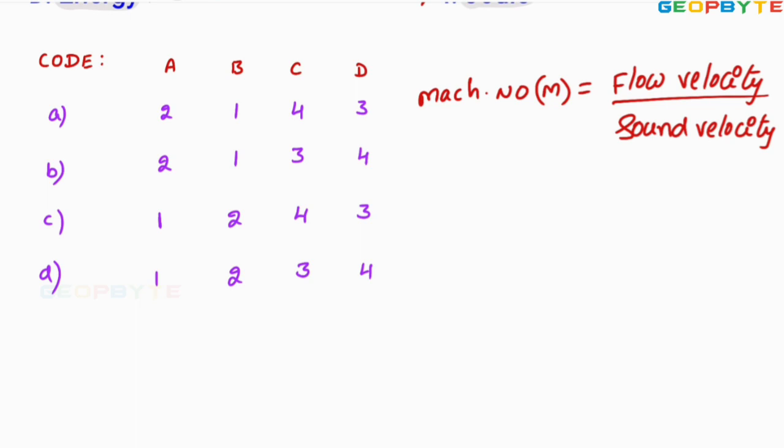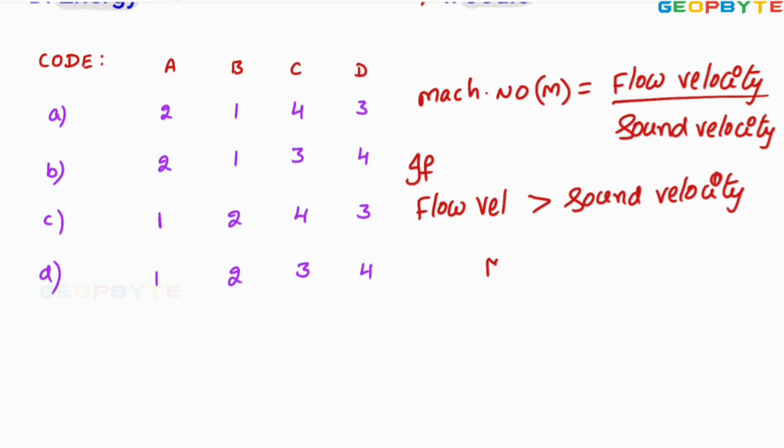If the flow velocity is more than sound velocity, Mach number is greater than 1. Mach number greater than 1 for any object means that object is traveling with a velocity more than sound velocity.